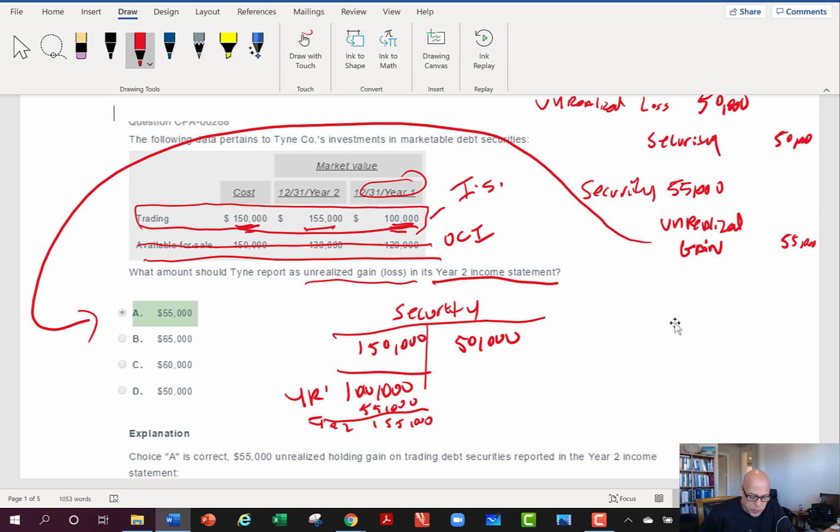What's interesting here, the way to actually have worked this, is you look at the difference between what the security was carried at at the end of year one, the start of year two, versus what it is carried at at the end of year two. That difference is what ends up being calculated as the gain in a trading security like this, or it could be a loss if it had gone down. If they'd asked me this for year one, it'd be a loss of 50,000.